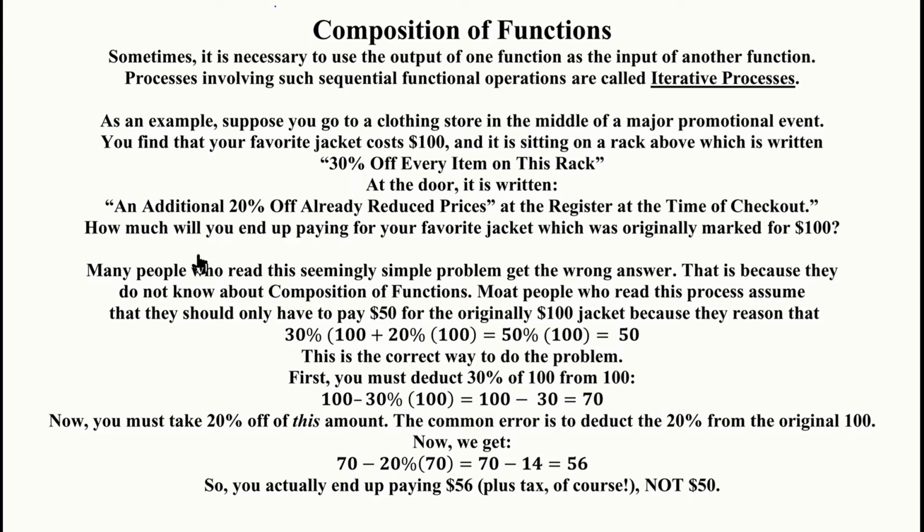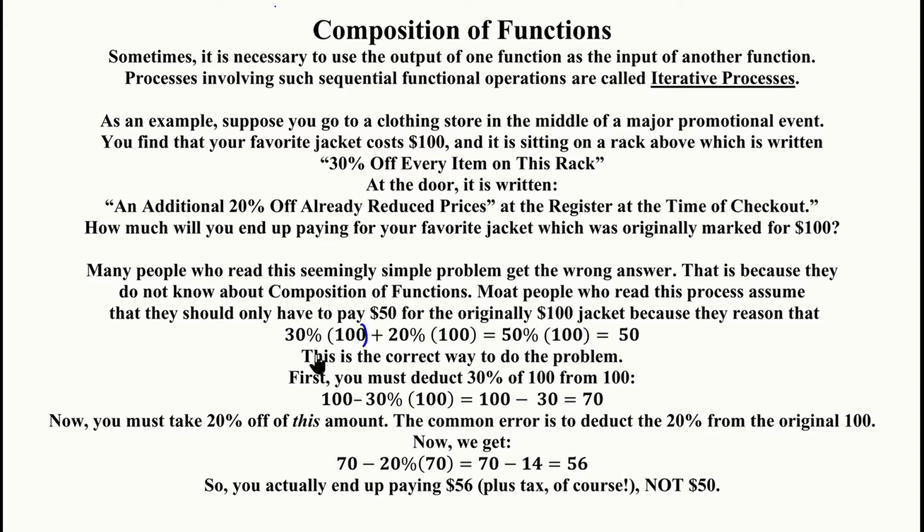Because remember, what the cash register is programmed to do is the following. The cash register is programmed to take 30% off of the 100 and then take another 20% off of that. So here we're missing a parenthesis. Let me add that.